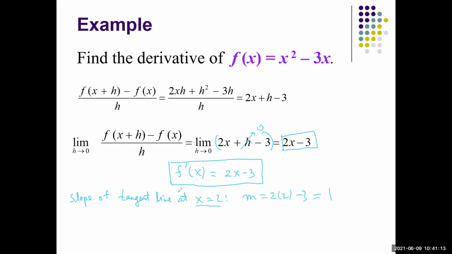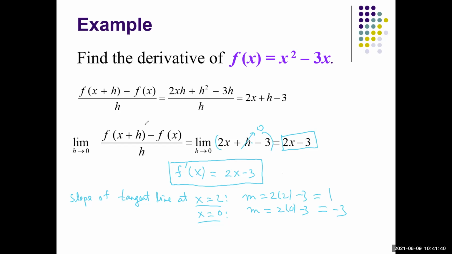How about at x equals 0? Then the slope is 2 times 0 minus 3, so that's negative 3. The slope is negative 3. Again, the derivative gives you the slope of the tangent line at x. So once you've found the derivative, you find the slope quickly without going through that process.